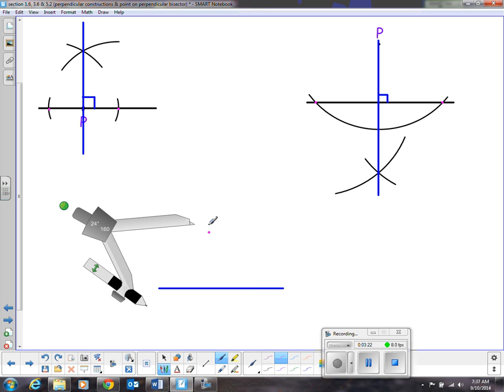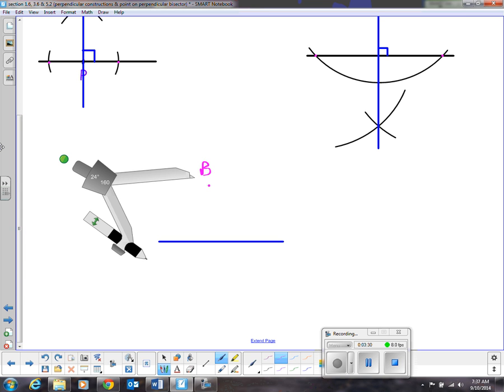Let's label this point B. B. Brittany Norwood, where do I start this construction? Where does my compass point have to begin? On this endpoint? Okay, we want to pass through B.